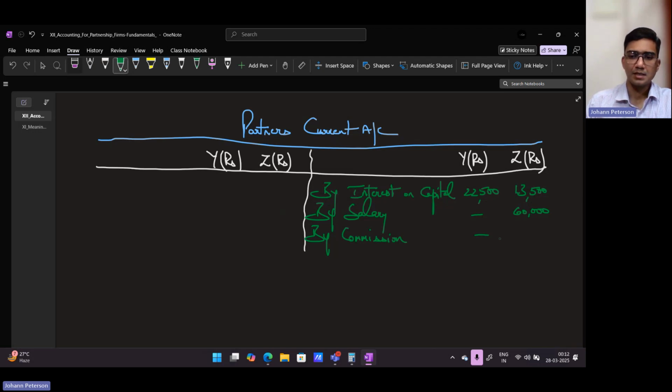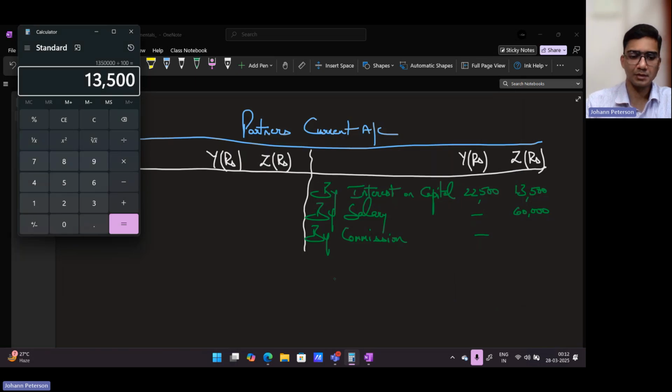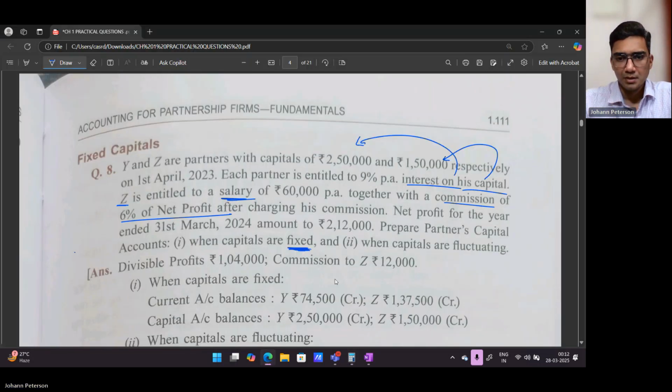So that means it's going to be on, let's work it out. A net profit after charging such commission. So the net profit of the year is given as 2,12,000.